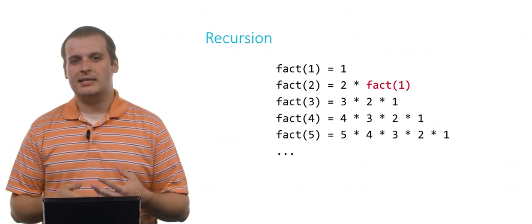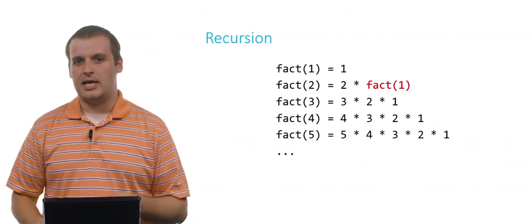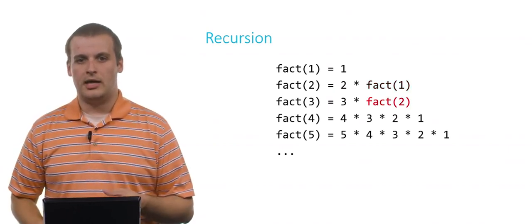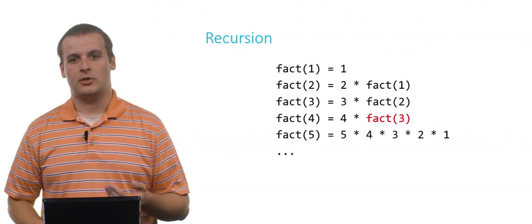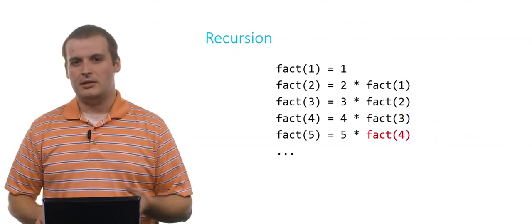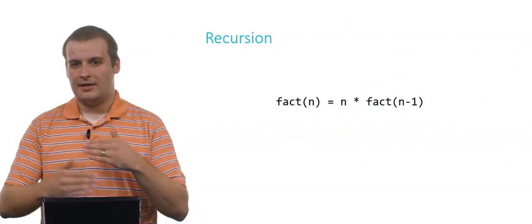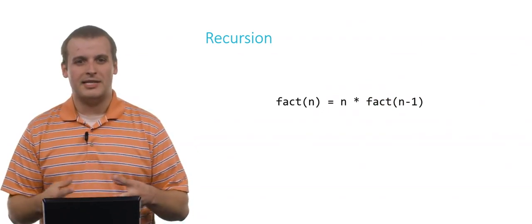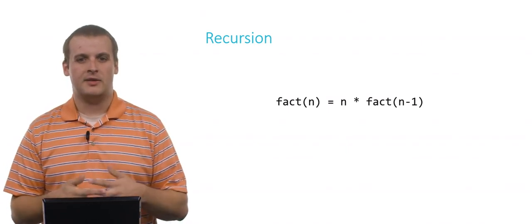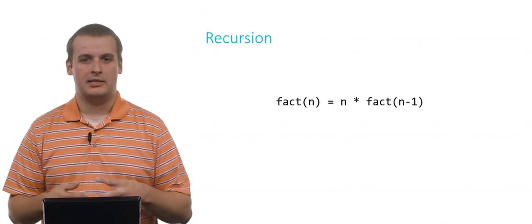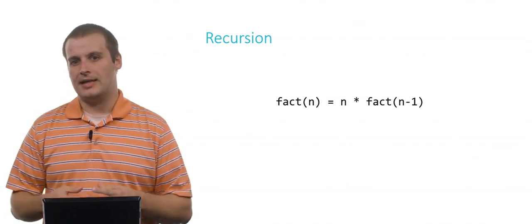And then extending that idea, isn't the factorial of 3 just 3 times the factorial of 2? And the factorial of 4 is 4 times the factorial of 3, and so on? In fact, if we carry this out forever, we can generalize the factorial problem as n times the factorial of n minus 1. It's n times the product of all of the numbers less than me. This generalization of the problem allows us to recursively define the factorial function.